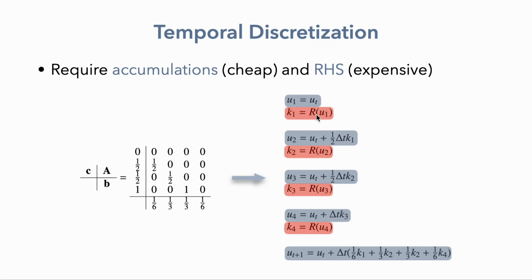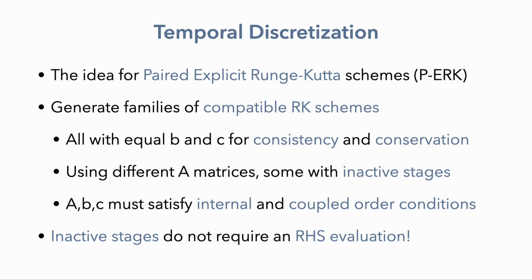So when we have a stage solution and we have to get the residual or the right-hand side of that solution, that's expensive because that's where we need to invoke all of the flux reconstruction machinery, correction functions, Riemann solvers, derivatives of polynomials, etc. So typically, 90-95% of your compute is spent evaluating these right-hand sides, and 5% or less is spent in accumulating those to get the stage solutions. So this is one observation about explicit Runge-Kutta methods. So this is what drove the idea for P-ERK schemes.